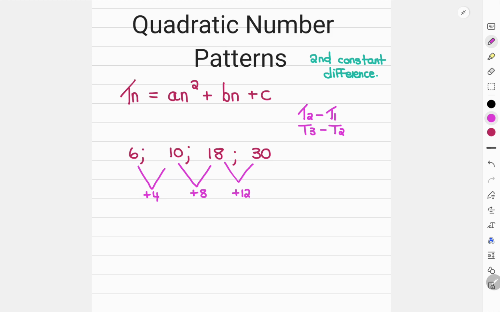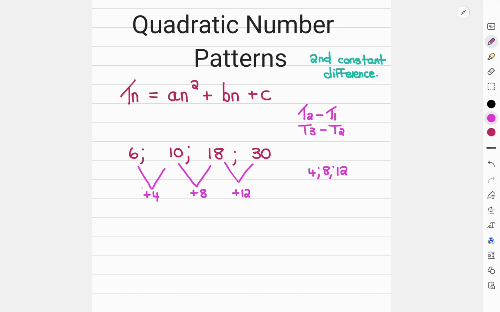Now that was your first difference. Can you see this pattern over here actually is a linear number pattern? Sometimes they ask you to calculate the 200th term of the first difference linear number pattern created by the quadratic number pattern.